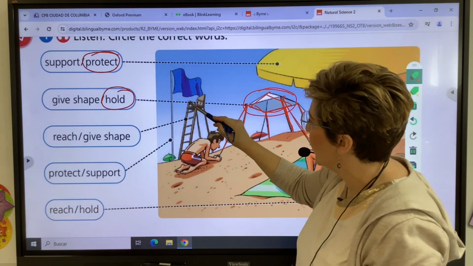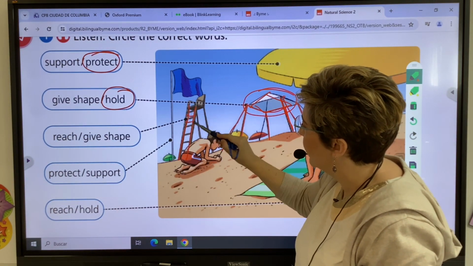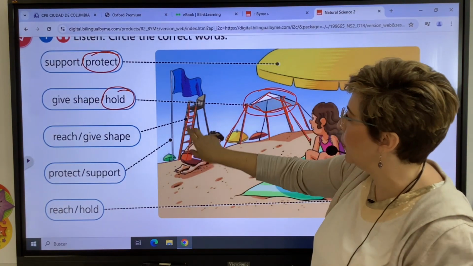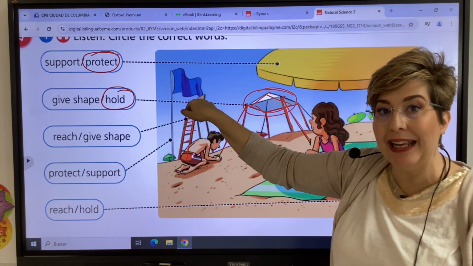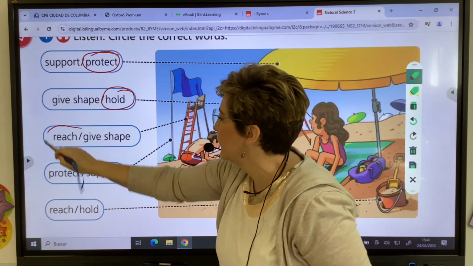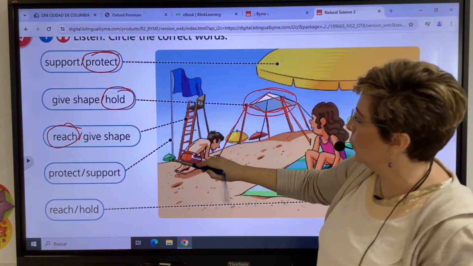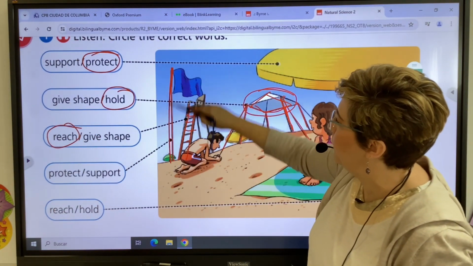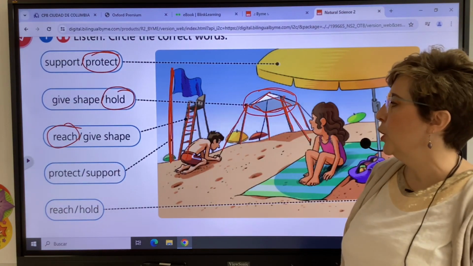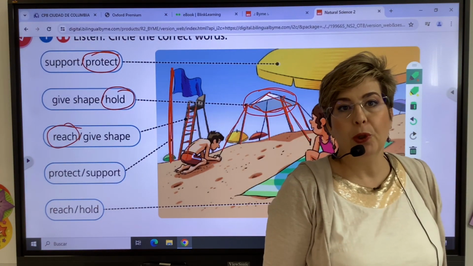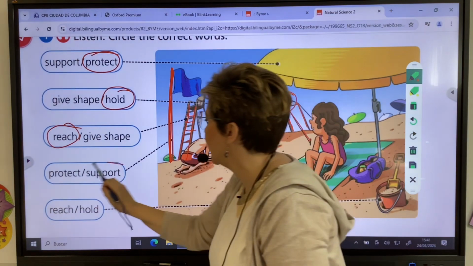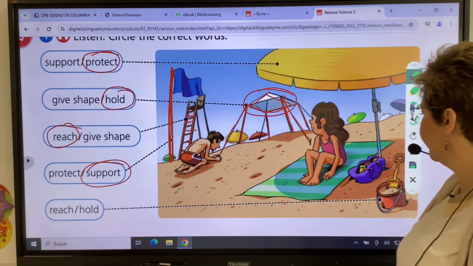What about the ladder? We use the ladder to reach the chair. We use the pole to support the flag.